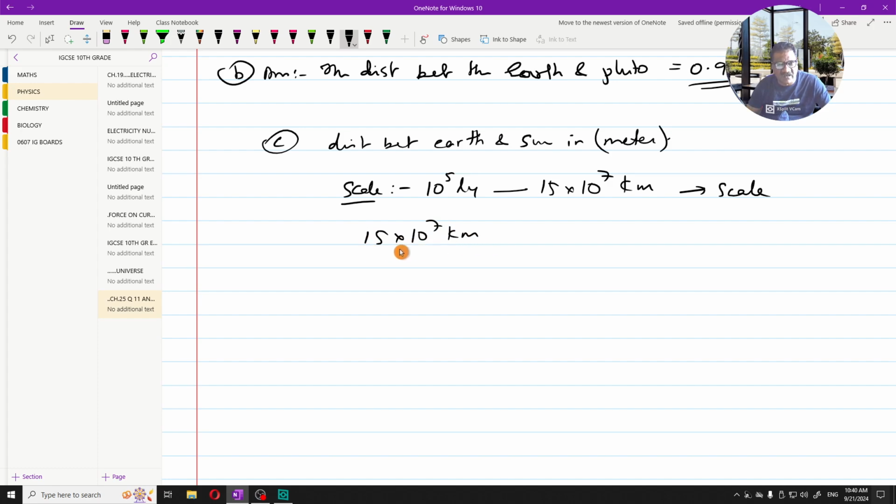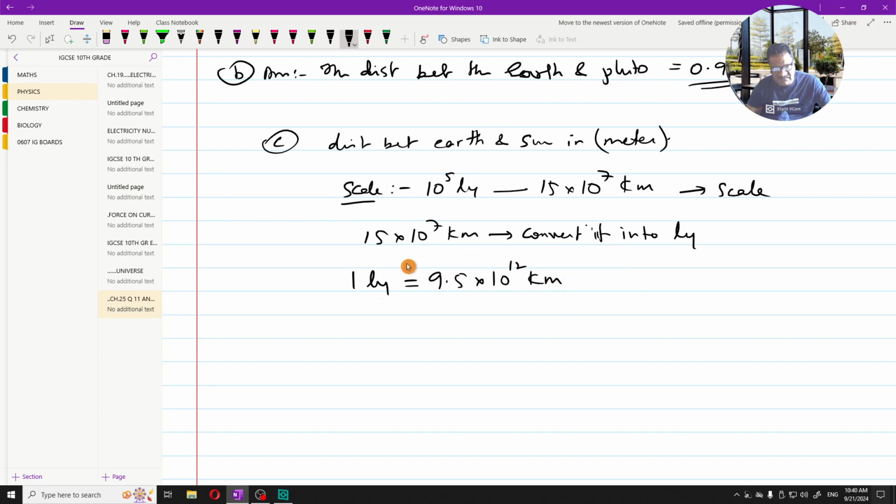Now this distance you will have to convert into light years, isn't it? So how will we do this? 1 light year is equal to, we know this equation, 1 light year is equal to 9.5 times 10 raised to 12 kilometer, isn't it?